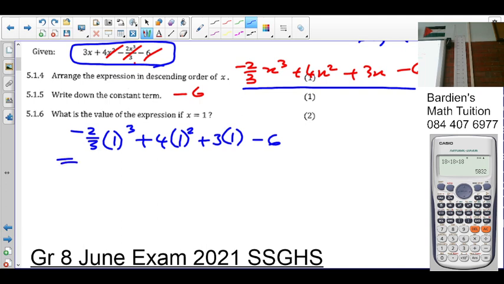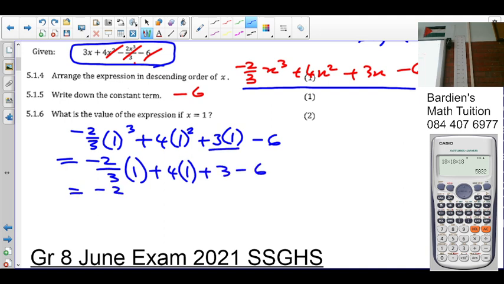People, what is 1 cubed? 1. 1 times 1 times 1. 1 squared? 1. 3 times 1 is 3, minus 6. So that will be negative 2 over 3 times 1, negative 2 over 3. 4 times 1? 4. Plus 3 minus 6.